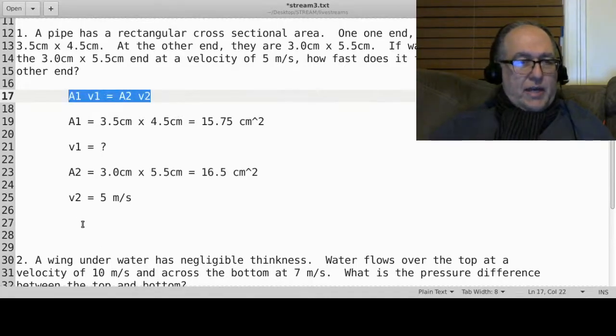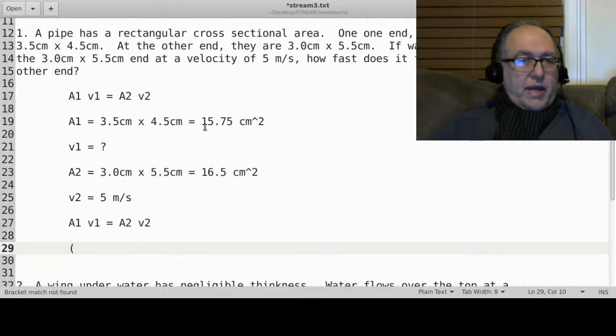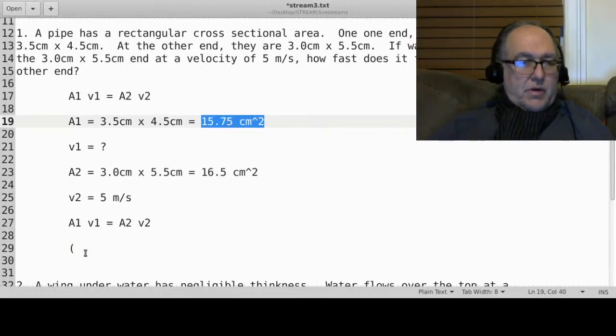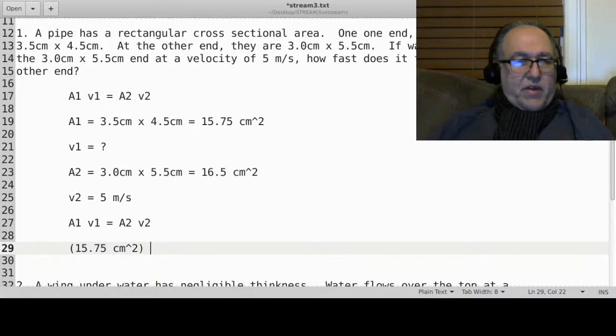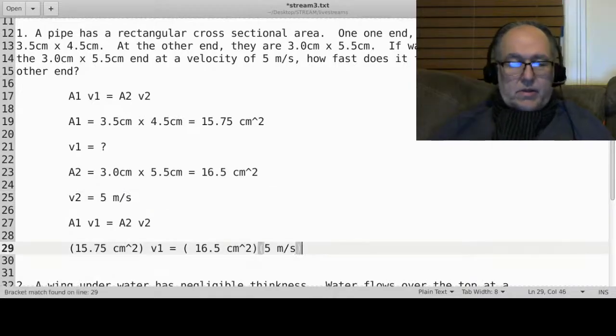So let's take this equation again and substitute in now. For A1, we have that number. For V1, we don't know. For A2, we have this number, and for V2, we have this number, 5 meters per second.